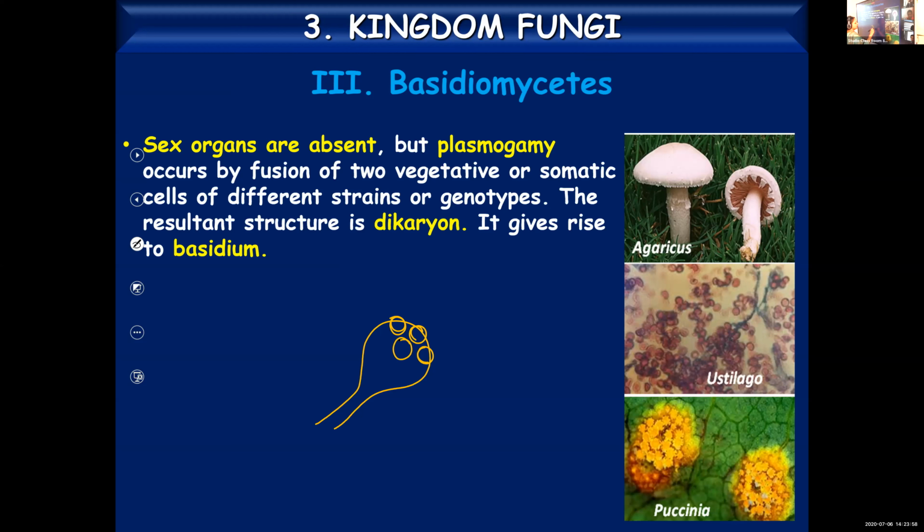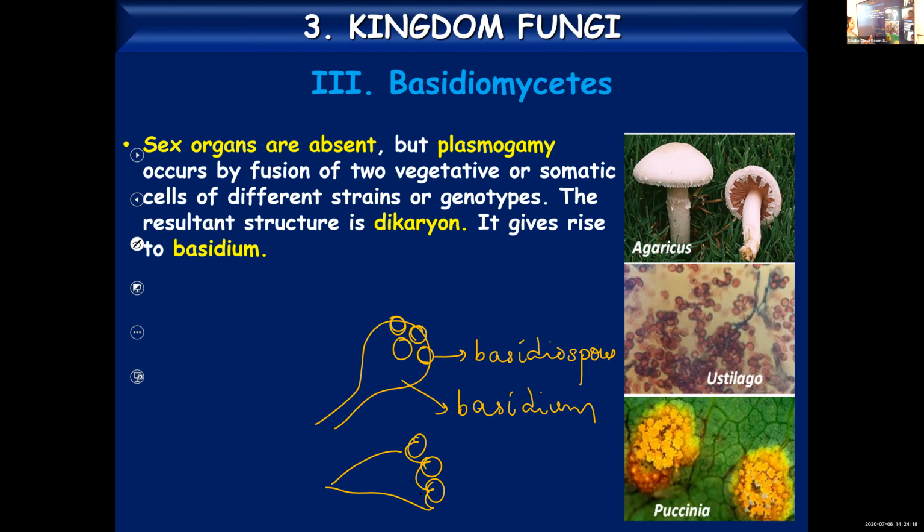These are the spores, basidiospores, and this one is the basidium. Depending upon the species, it can have different shapes also, like basidiospores can be produced on that. Okay, children.